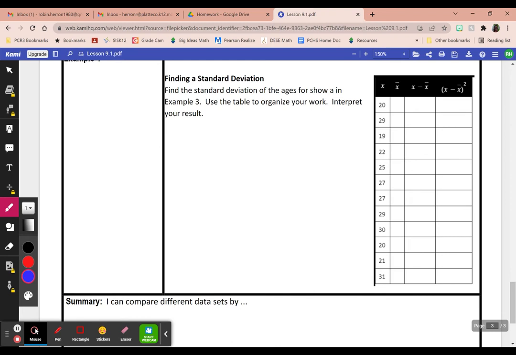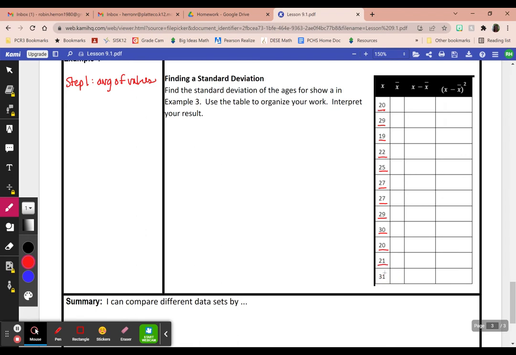Okay? So step 1 is going to be to find the mean of all your values. So I'm just going to come over here and put step 1, average of values. That means I'm going to add up all of these values over here that they already gave me.